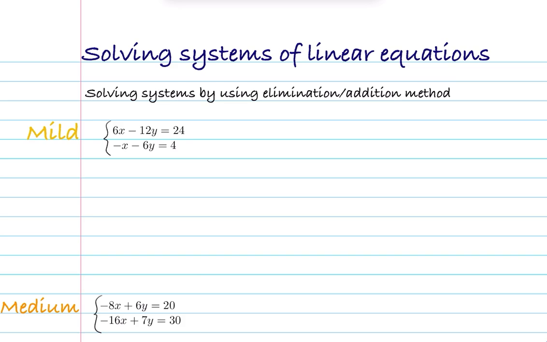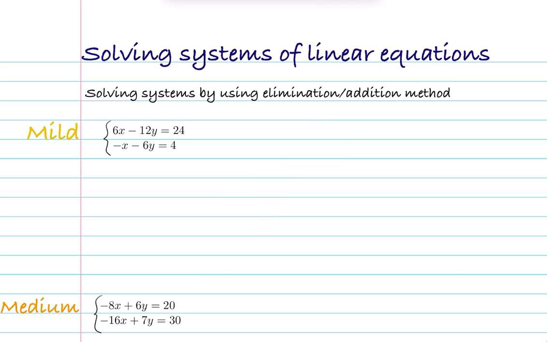So here we go. Just to recap, if you haven't watched my video on the substitution method of solving systems, what you're doing here is you have two lines. If you were to graph them, we've got two lines and we are seeing where they intersect. That's going to be our solution.